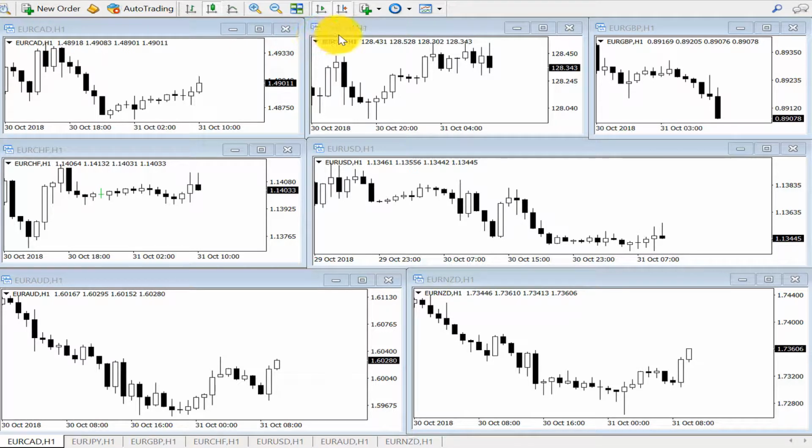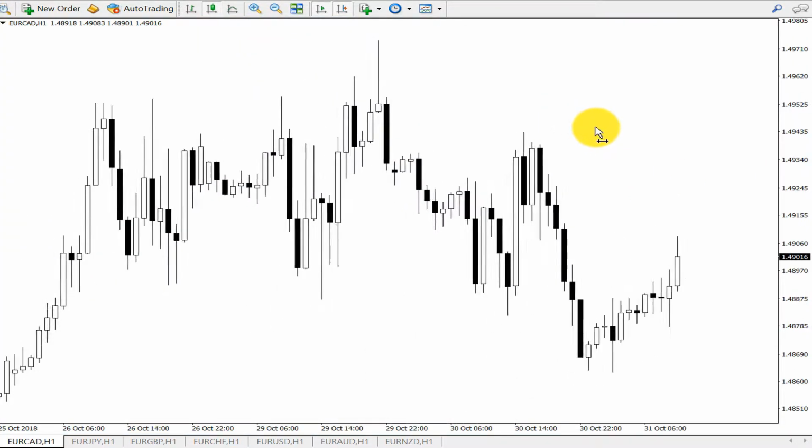This is euro CAD, euro JPY, euro GBP, euro Swiss franc, euro USD, euro AUD, and euro New Zealand. 1, 2, 3, 4, 5, 6, 7 different pairs, but the left side currency is the same, all euro. So now let's begin from euro CAD.